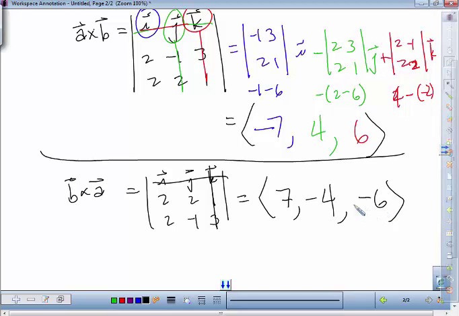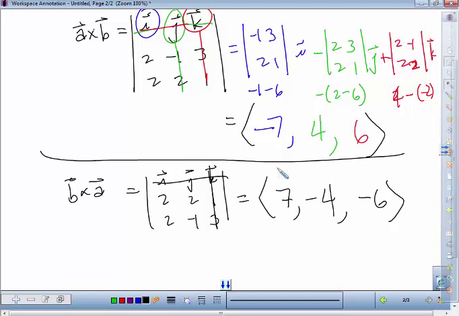So what do we notice about A cross B versus B cross A? It's the same vector except there's a negative in front of it, right? So that's going to be one of the important properties of the cross product. The cross product is not commutative. You switch the order, you don't get the same answer, but it's really close. You're off by a negative sign.